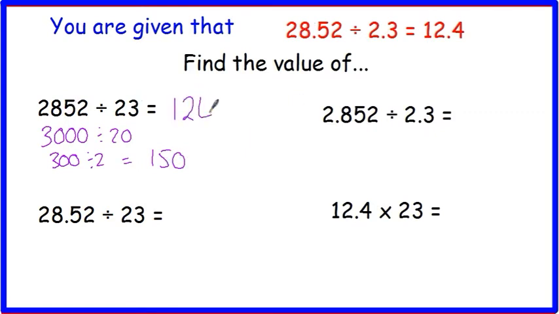Well, 1, 2, 4. Where to put a decimal point? Well, the answer has to be beside 150, so it's not there, it's not there. It's going to be there because that's 124. This is 3 divided by 2, 1.5.